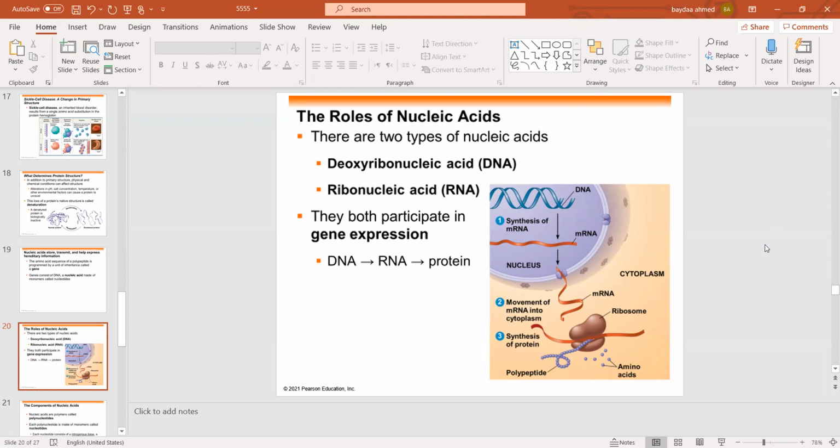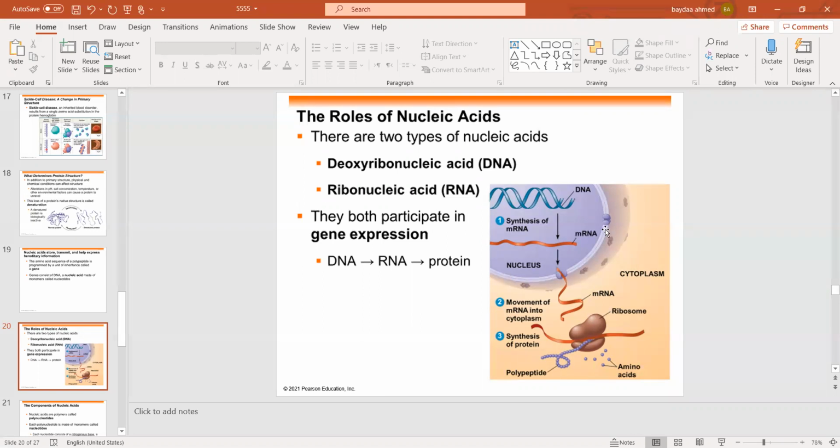The two types of nucleic acids enable living organisms to reproduce their complex components from one generation to the next. DNA provides directions for its own replication. DNA also directs RNA synthesis.